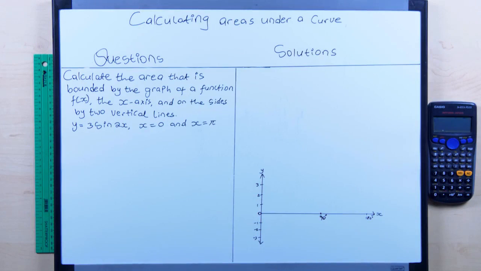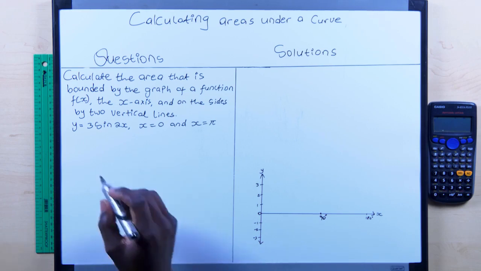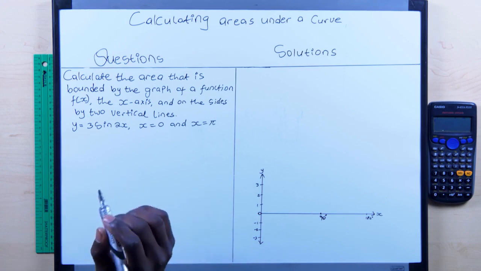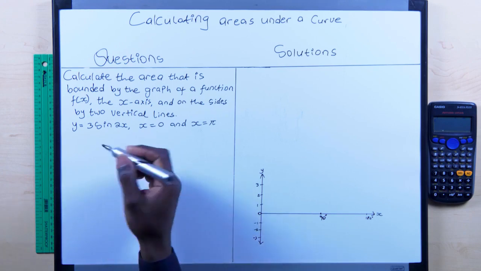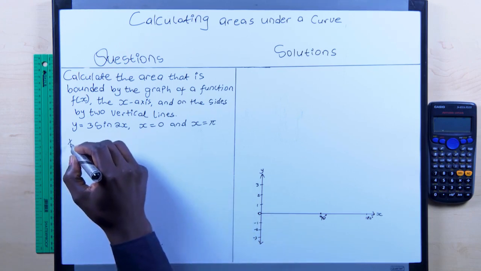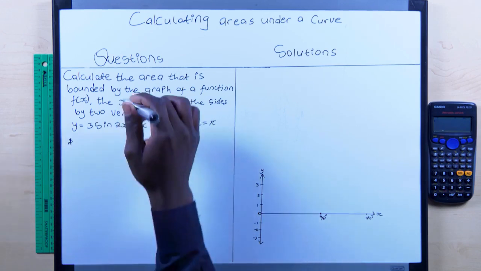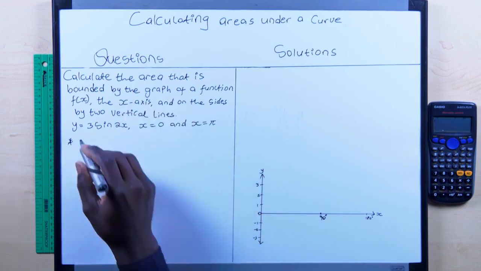Calculate the area that is bounded by the graph of a function f of x, the x-axis, and the side lines, which are 2 vertical lines. What we have to understand here, this question simply says that integrate. So now we have to find the integral. First thing we need to do, there are some few things we need to do in order to solve this question.